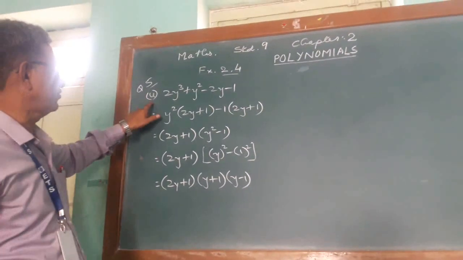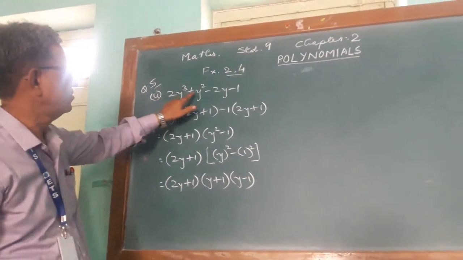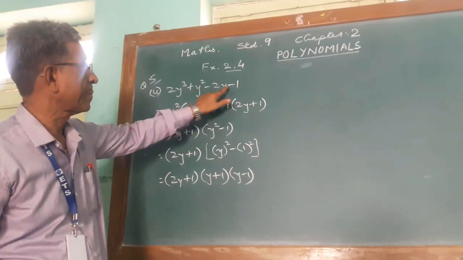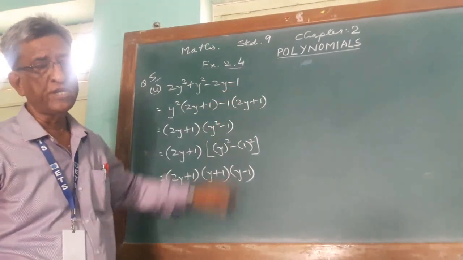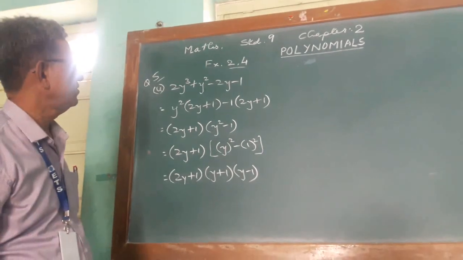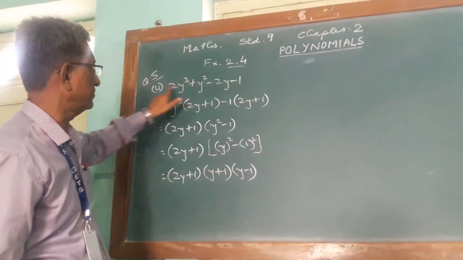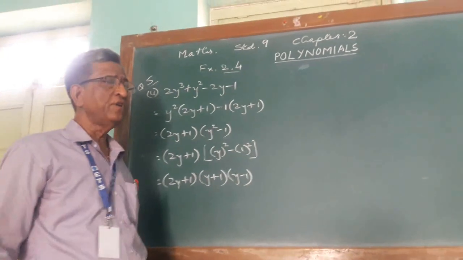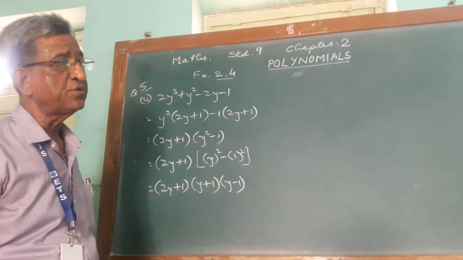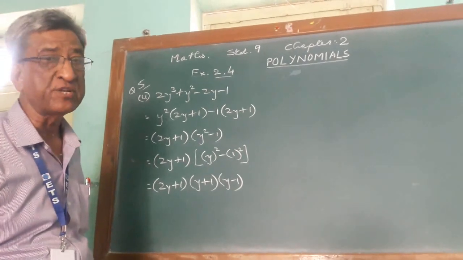Now question 4. 2y cube plus y square minus 2y minus 1. Here also you have to factorize. There are 4 terms, so common from the first two and common from the last two is possible.